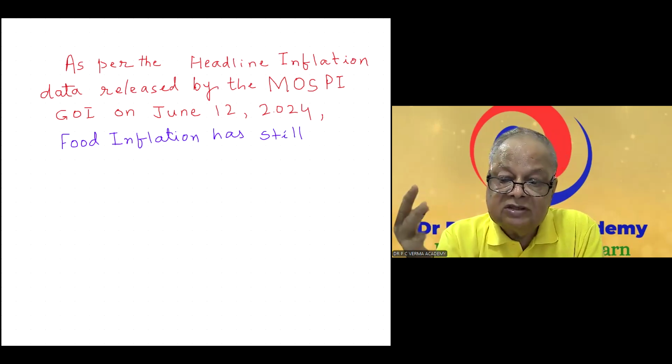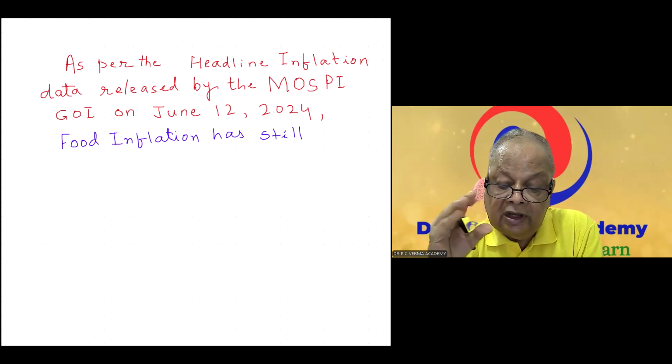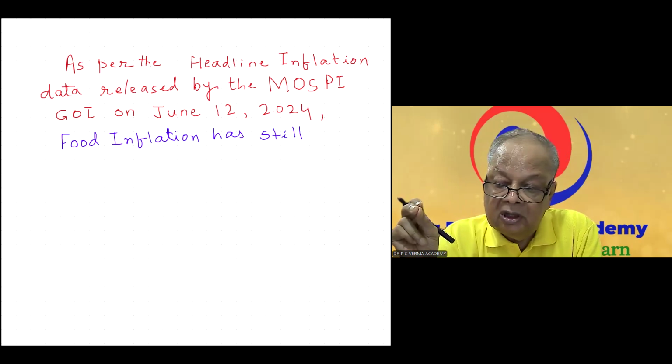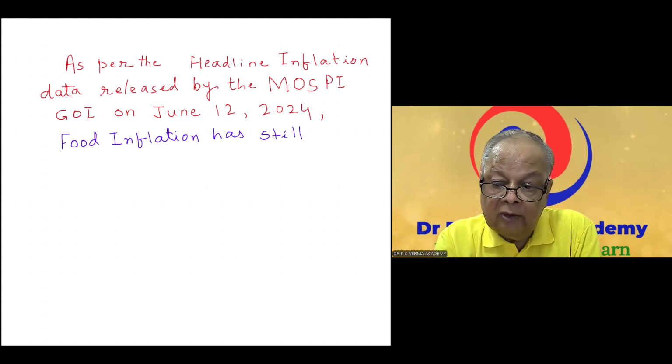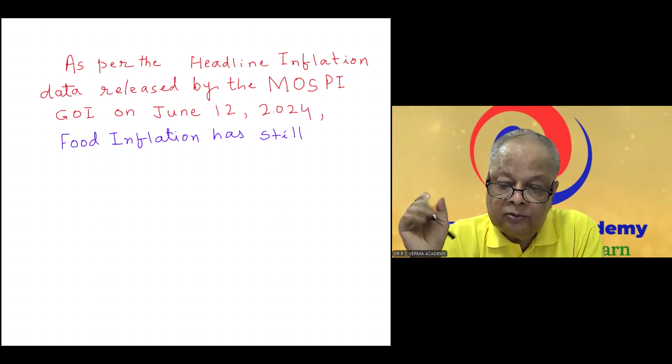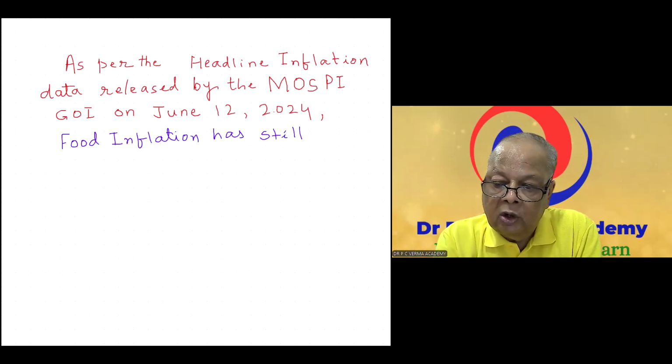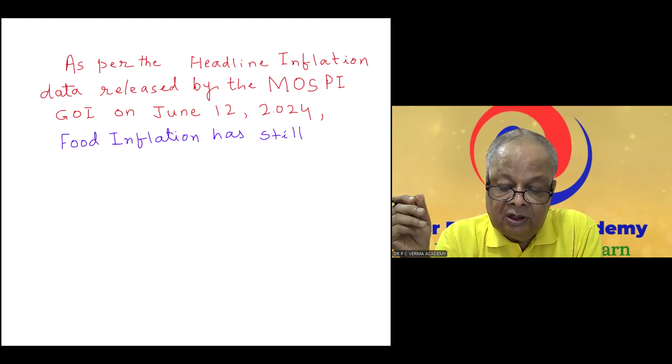Most of the economists are silent. Some of them are speaking about it, but very slowly. There is a continuous fall in the share of private consumption in the GDP. All poor and lower income group people are in this group. Lower income, lower middle class, all are in this group. A very large number, that is 80 crore plus.